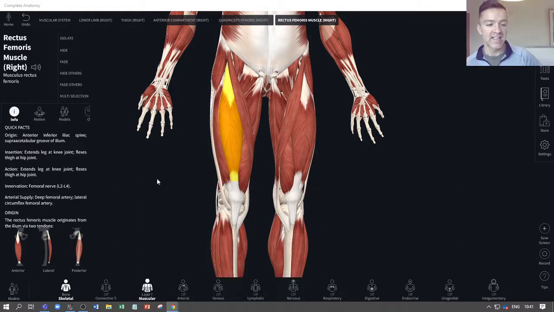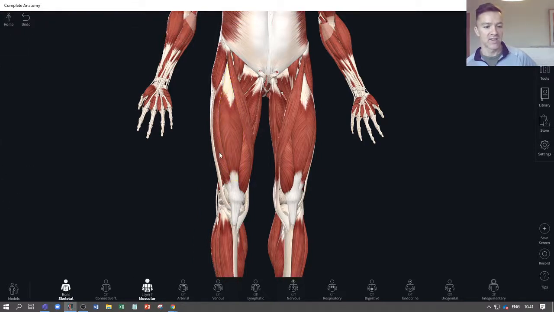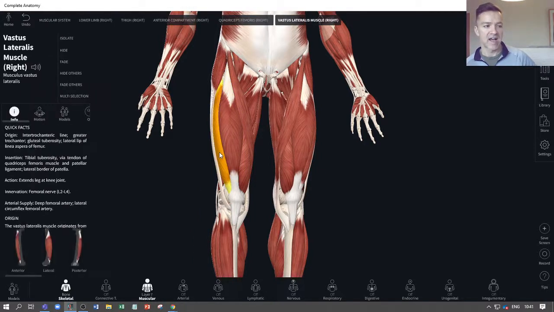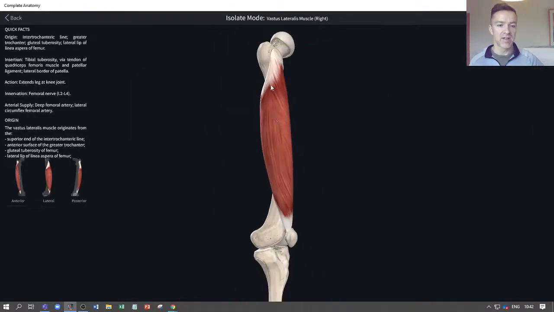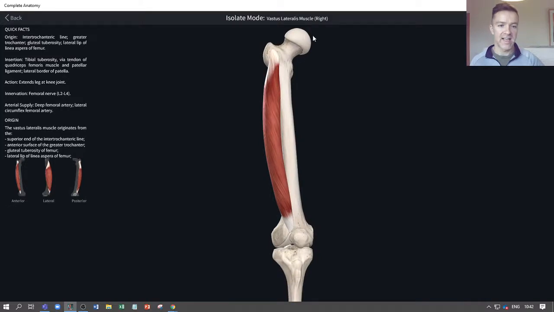So we've got a muscle here called the vastus lateralis. So this is the vastus lateralis. It is lateral, towards the outside of the body, when compared to the rectus femoris or the other 2 muscles that we're going to look at. So the vastus lateralis originates on the femur. So you see here is the head of the femur, which forms the hip joint.